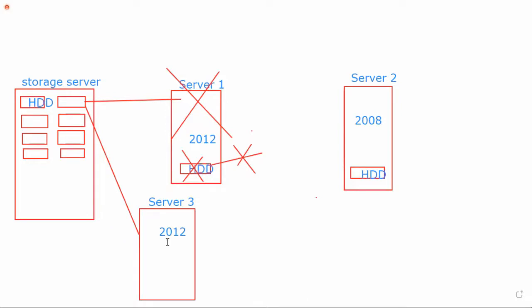So now do you understand the advantage of having the storage in a central location, compared to having the storage internally in the servers? Internally, we definitely cannot access this from outside. It can only be controlled by the server hardware.